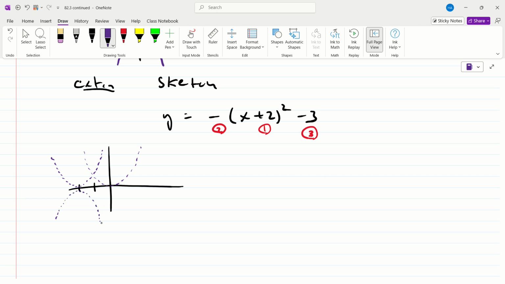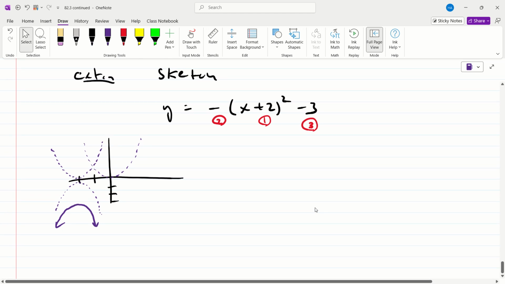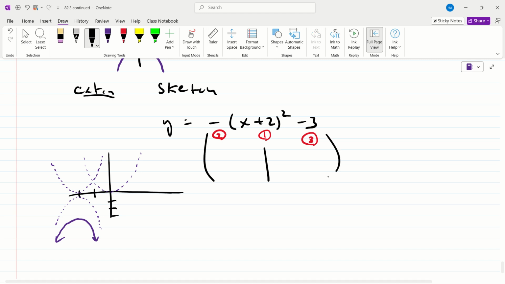And then the negative 3 is going to take my current graph and shift it down 3 units. So your final answer is going to look like this. Done. So that was a problem that involved a horizontal shift, a reflection about the x-axis, and then a vertical shift.